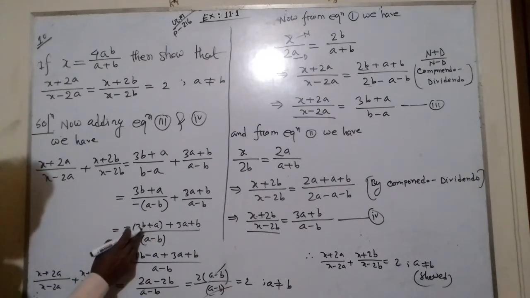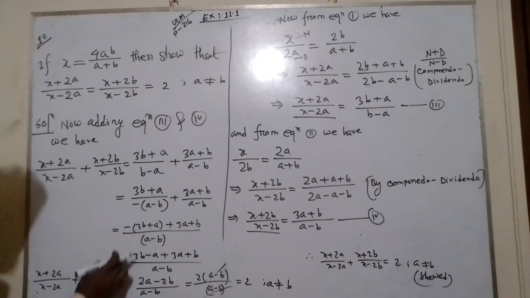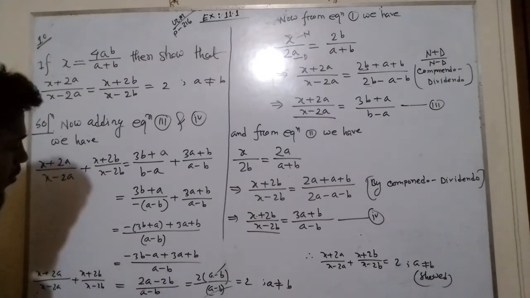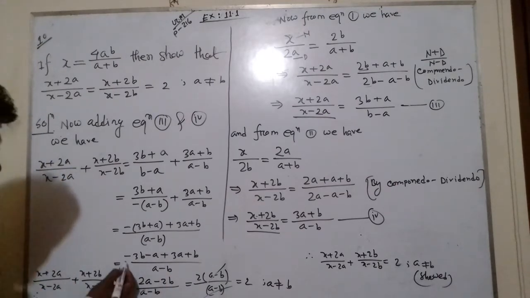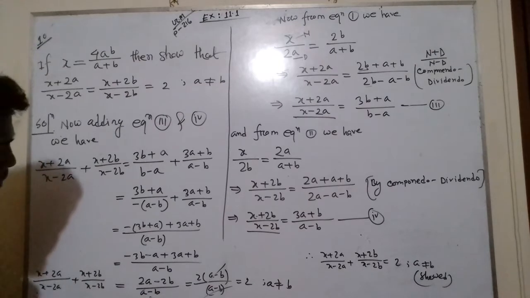Now minus of (3b + a) plus (3a + b), multiplied out: −3b − a + 3a + b divided by a − b. Look, 3a minus a we can write 2a, and −3b plus b we can write −2b, divided by a − b.